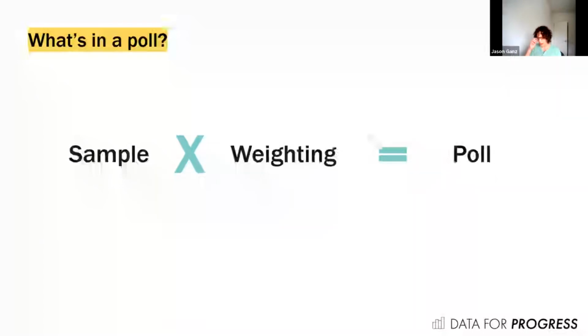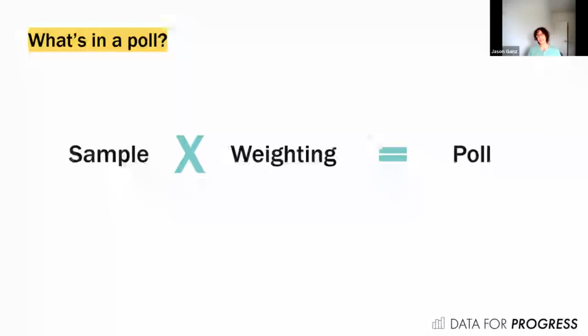I'm sure most everyone on here has been following, with different amounts of intensity, the polling leading up to the election that we have coming up. But what is a poll? We always think of a poll, when we're reading it, as the result. We are showing 45% for one outcome, 43% for another.